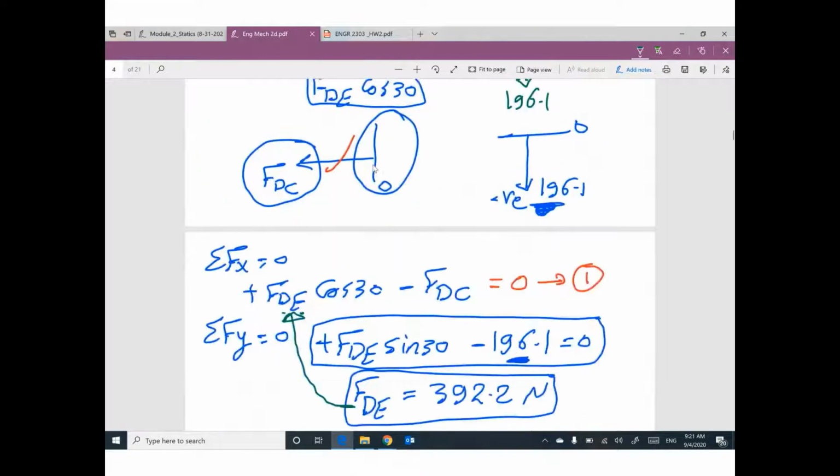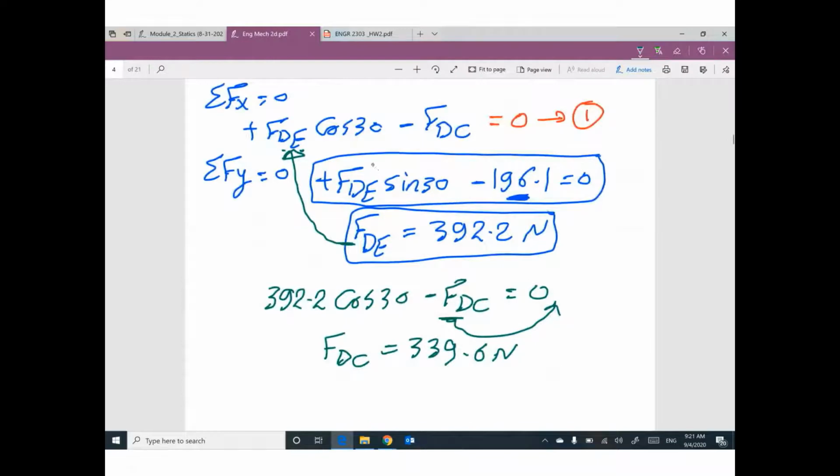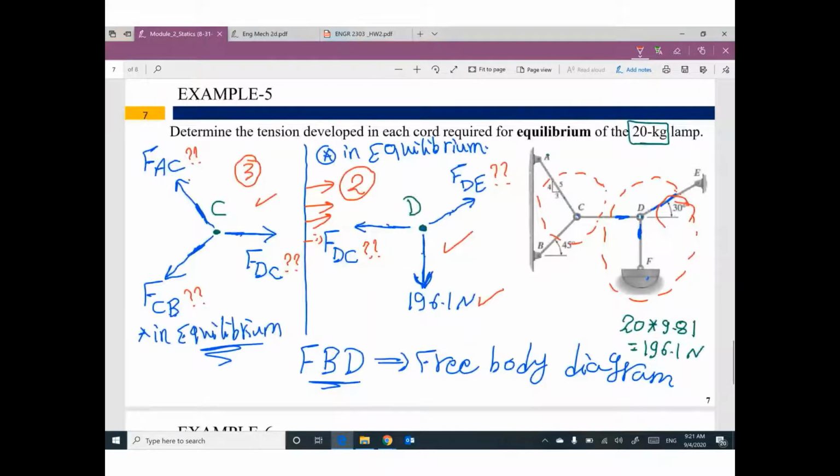But remember, FDC equals 339.6. This force FDC is the same as this force FDC or CD, whatever, 339.6, because you are talking about the same chord.